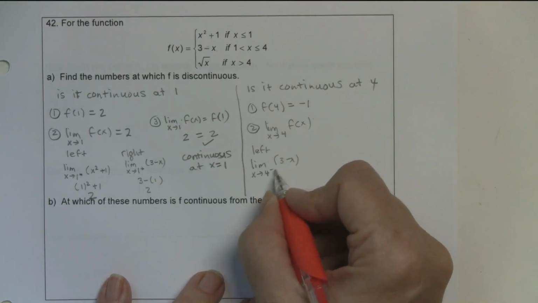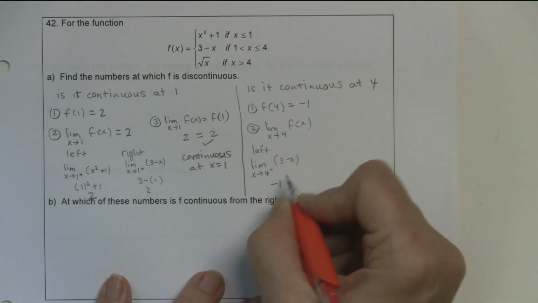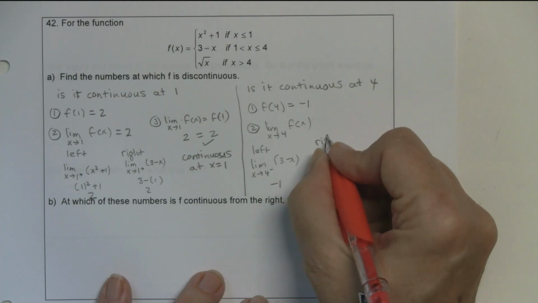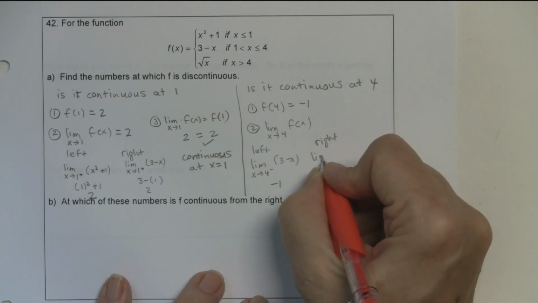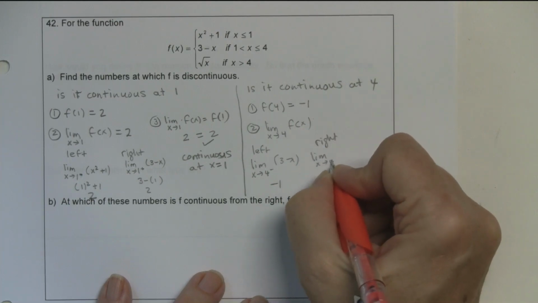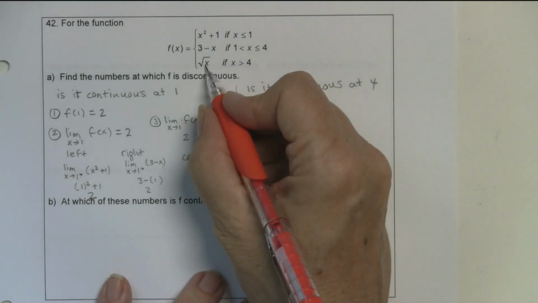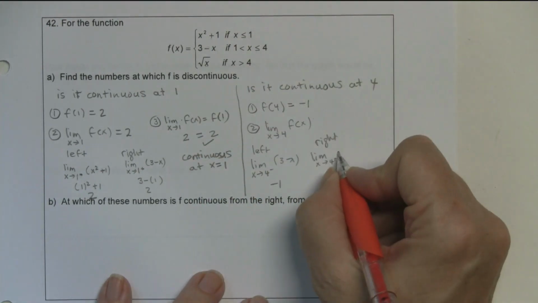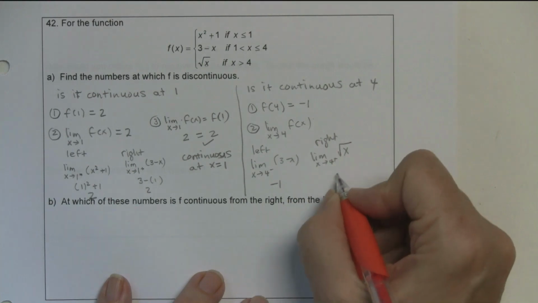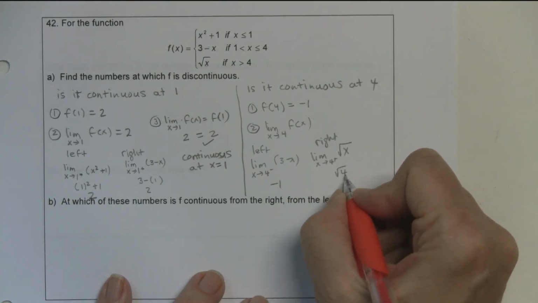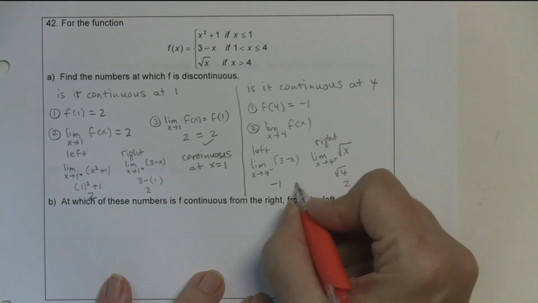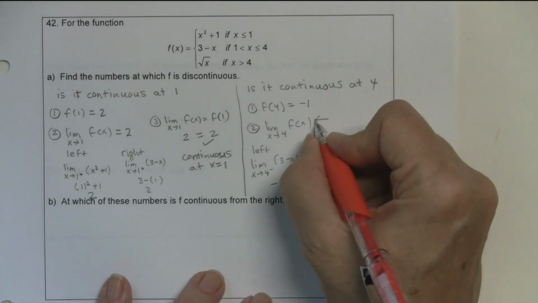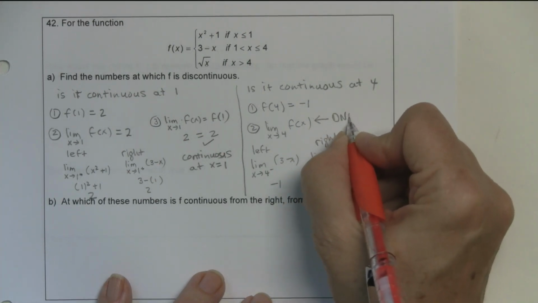So this is okay to substitute, so I get -1. And from the right, I would have the limit as x goes to 4 from a little bit bigger than, and a little bit bigger than is the square root of x, which is the square root of 4, which is 2. But they're not equal to one another. So this is the problem, is that this does not exist.